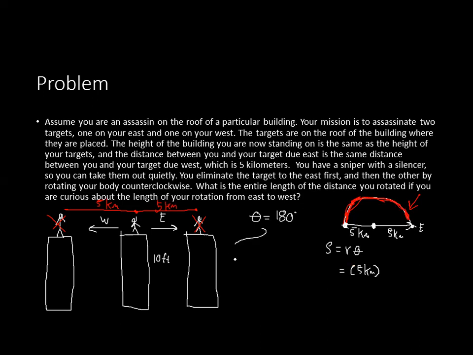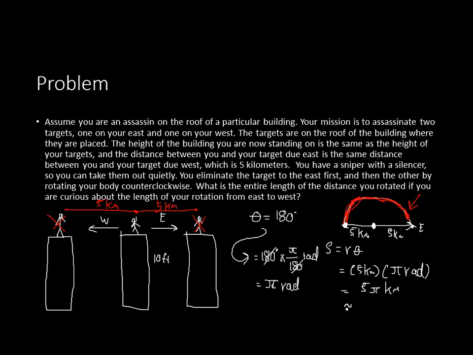Once again, you will multiply it by pi all over 180 degrees radians. These two are both divisible by 180 degrees, so we can cancel them out. As a result, we have pi radians. So therefore, our theta would be pi radians. So we have 5 pi kilometers exactly.